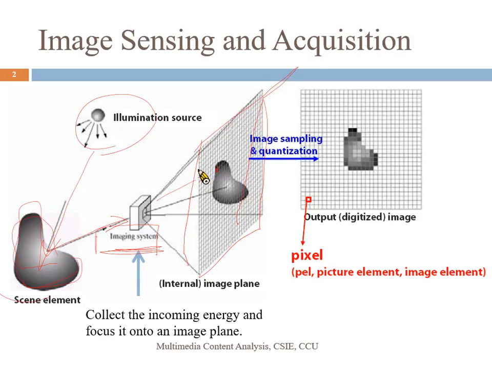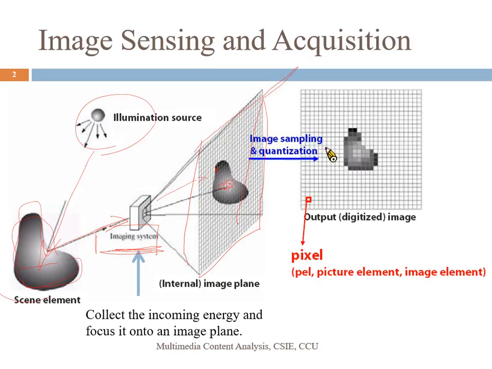Taking the gray level image as an example, a pixel that receives higher intensity will be stored as a brighter pixel.